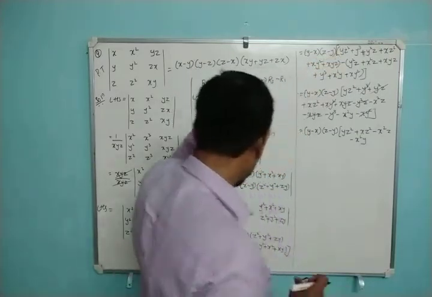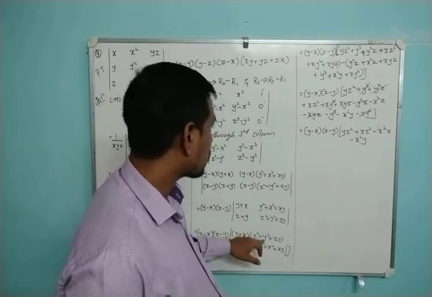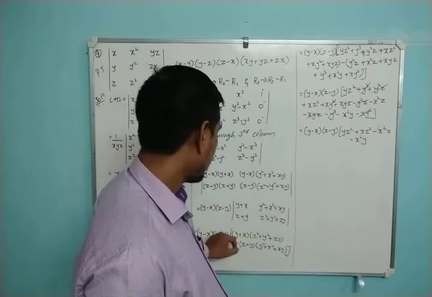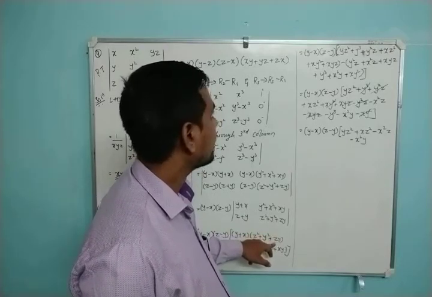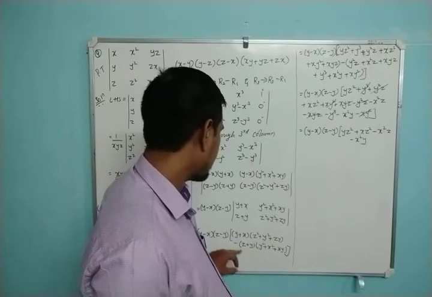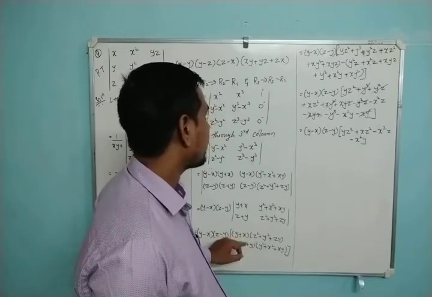yz square. See, y into z square, yz square, y into y square, y cube, right? Y into zy, that will become y square z. X into z square, xz square, right?